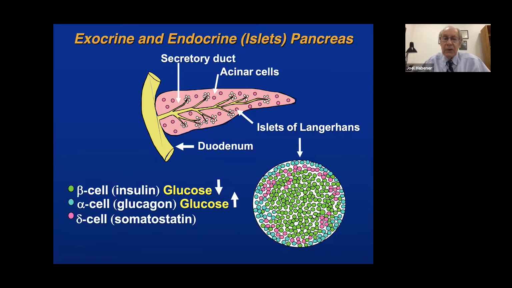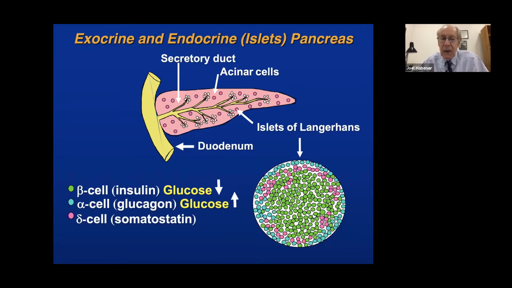One, the acinar tissue, which are the cells that make enzymes to digest food. And the other is the endocrine pancreas, which is shown in these little red spheres. There are about 1,000 of these little spheres embedded in the exocrine pancreas, and they're called the islets of Langerhans.